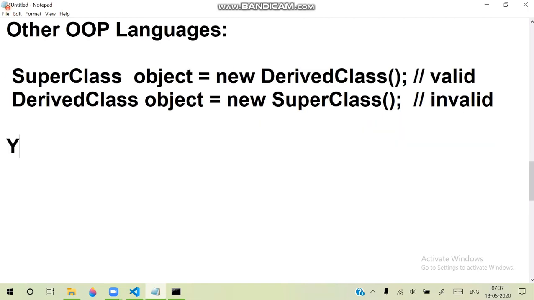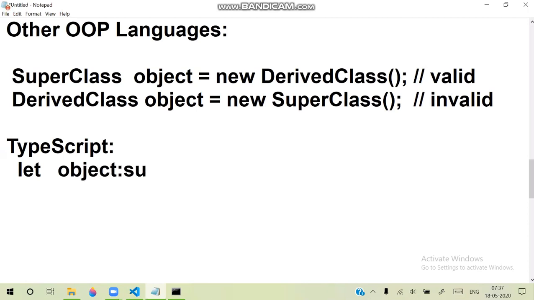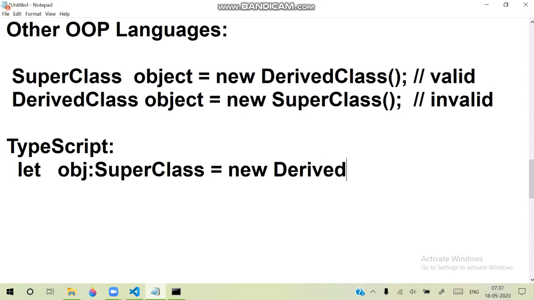In TypeScript, let super object, OBJ, is a superclass type using the memory of derived class. This is valid.